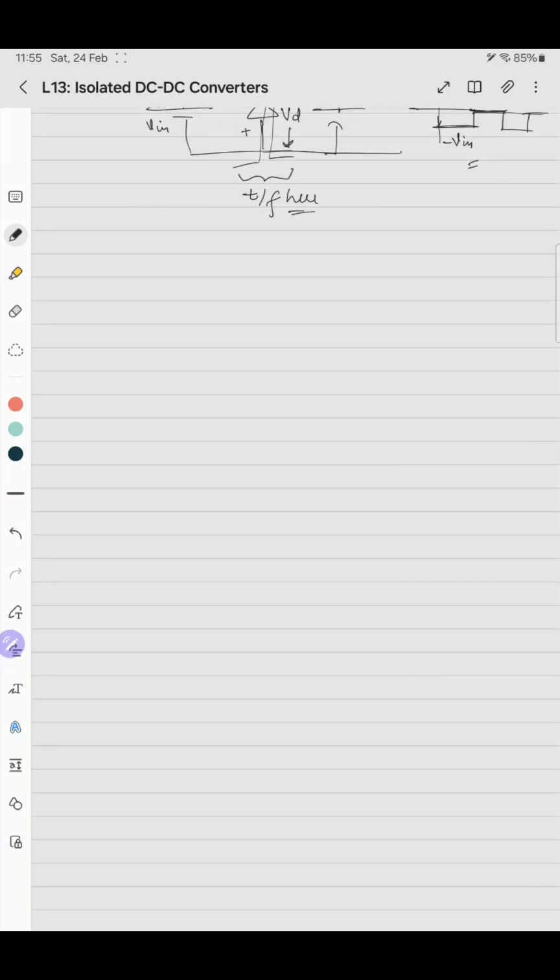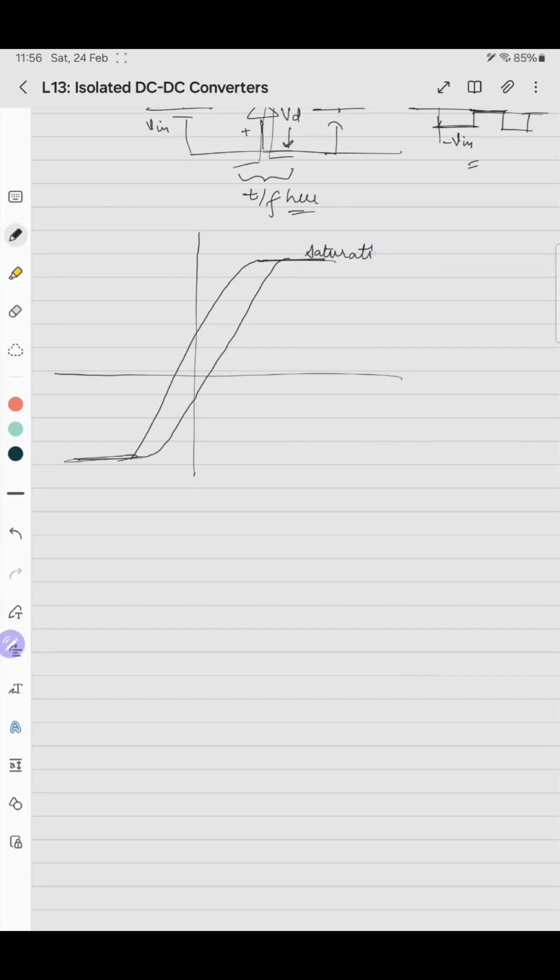If we plot the BH plot of a practical transformer, this is the saturation, here is the saturation, this is B and this is H. Instead of H you can have IM, because H is a function of current, and the current drawn by the transformer is nothing but for magnetizing the core.